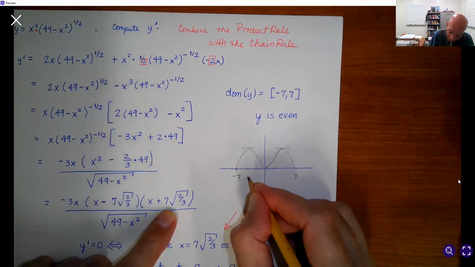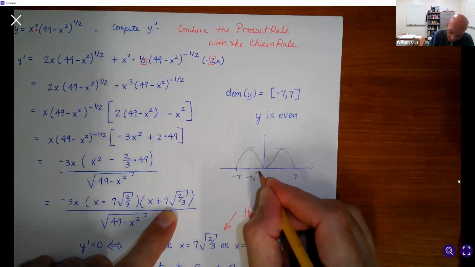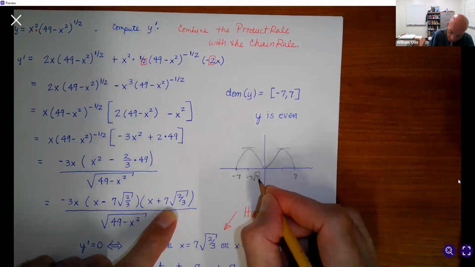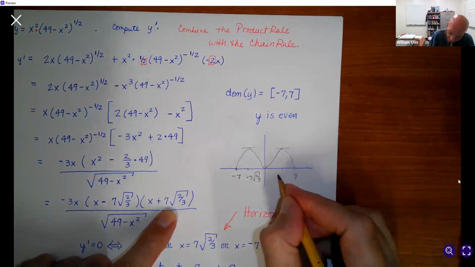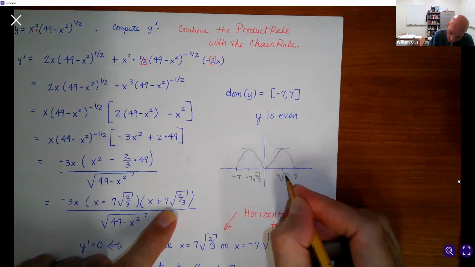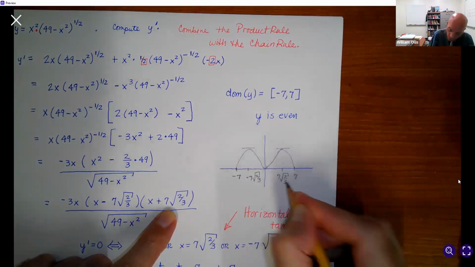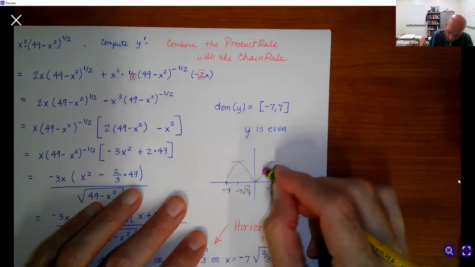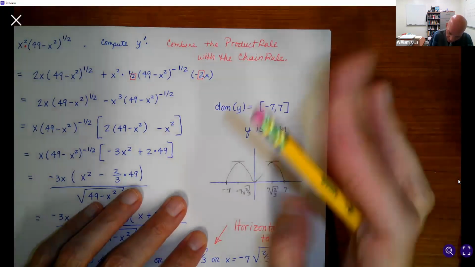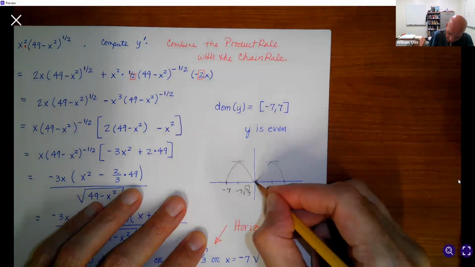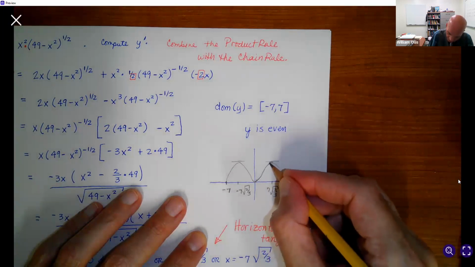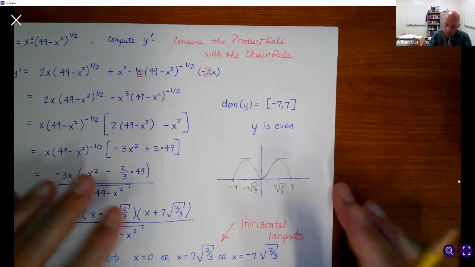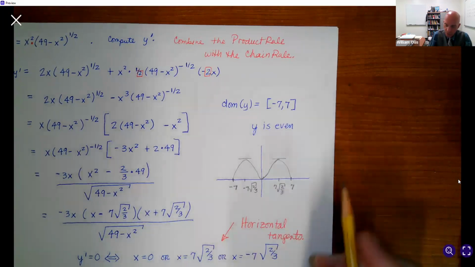That is -7 root 2/3 and then 7 root 2/3. So we're thinking our theory is going to help us here. And yeah, the picture's not the best. Like that. So again, we have a nice symmetry relative to the y-axis.